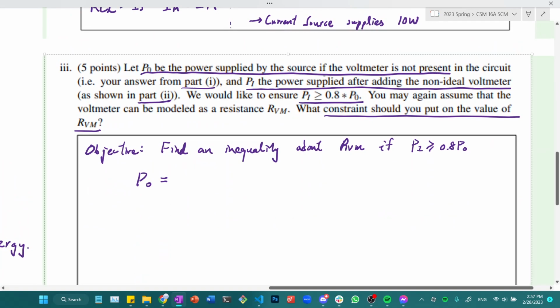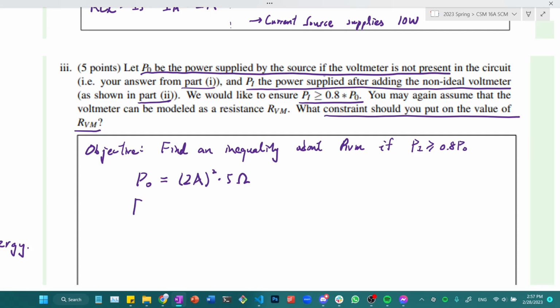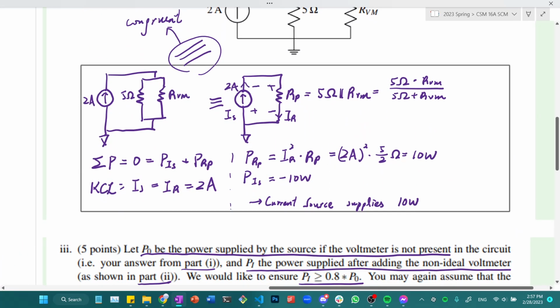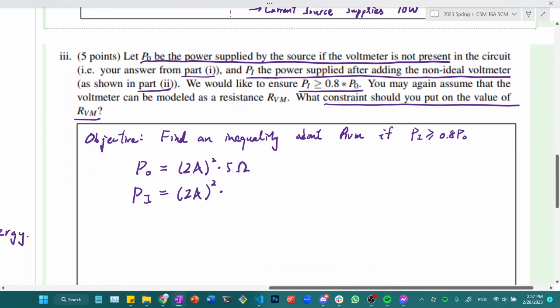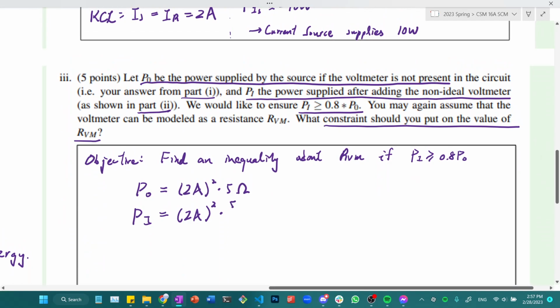But that's also equal to I squared R, so I can just say P0 is equal to 2 A squared times 5 ohms. I also have Pi, and that is equal to, once again, I squared R. But this time the resistor is not exactly 5 over 2 ohm, because this time we actually have RVM as a variable. So we should just write the resistor as the parallel resistance here: 5 ohms times RVM over 5 ohms plus RVM.